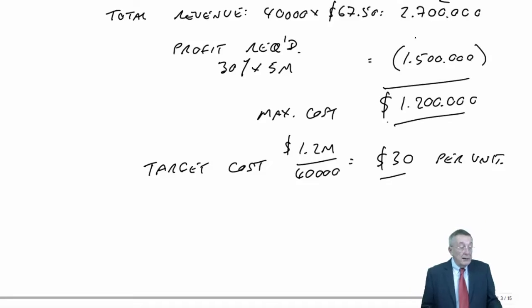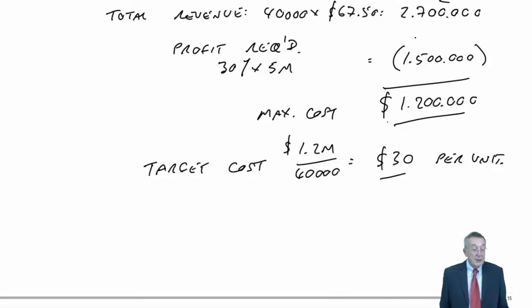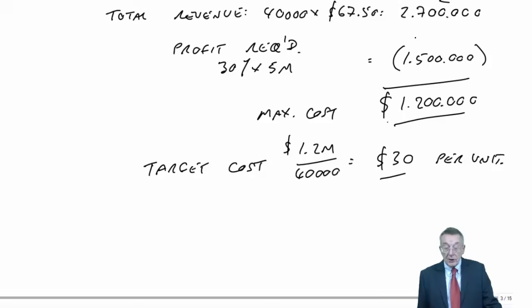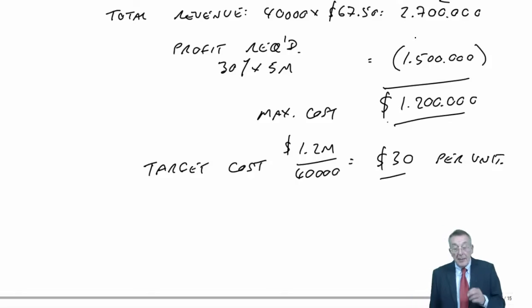So, as I said, two different objectives in those two examples. There's no rules in exams, you follow instructions. But if we can make sure we can produce at a cost of $30 or less, then we'll achieve our objective. There is the target we're aiming for.